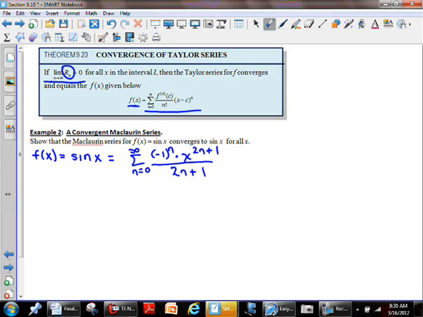If you have trouble with that, you could look on my channel or anybody's YouTube presentations, or just Google search sine of x Maclaurin series, and you can see a nice representation of this.